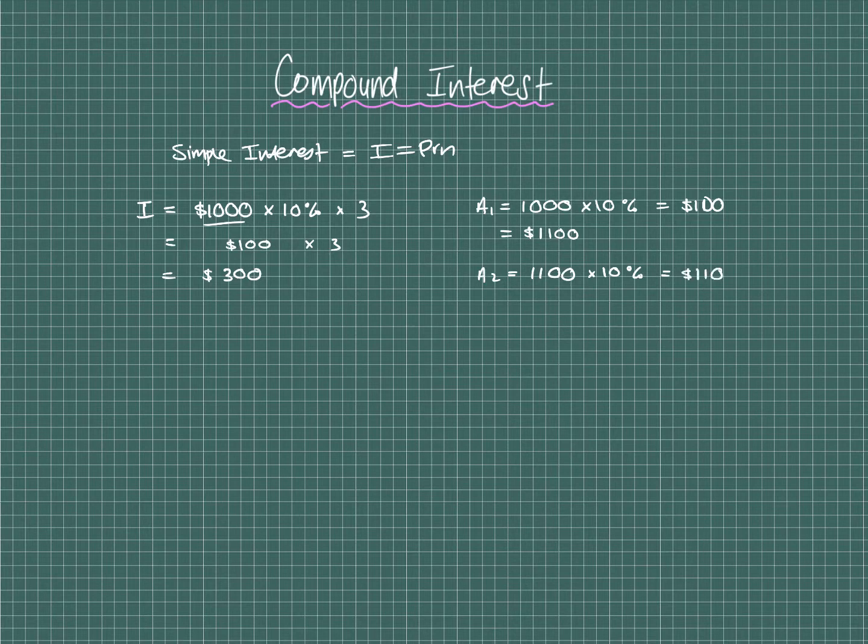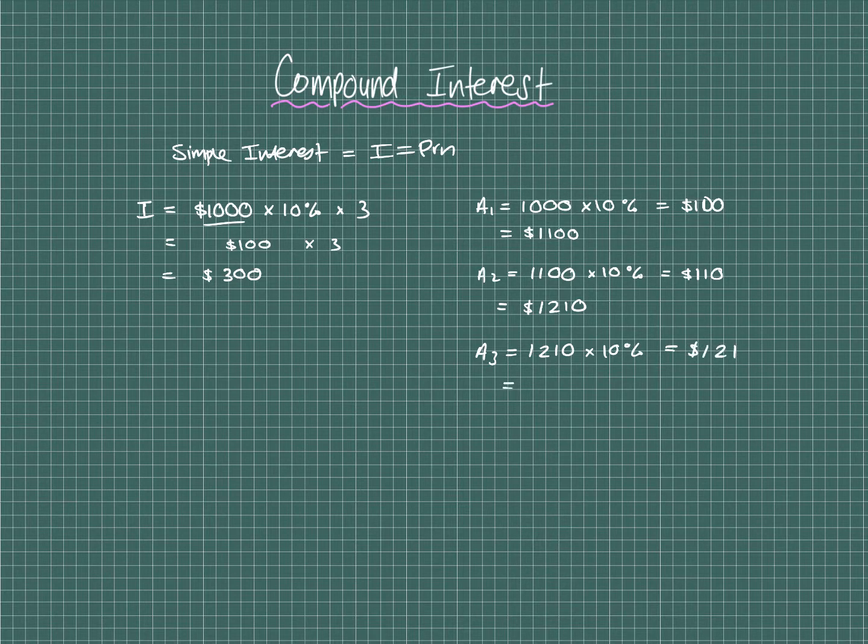Now can you see the difference? Because at the end of that second year, we're now going to have $1,210. The third year, of course, we're going to invest that $1,210. We're going to find 10% of that amount, which is going to be $121.